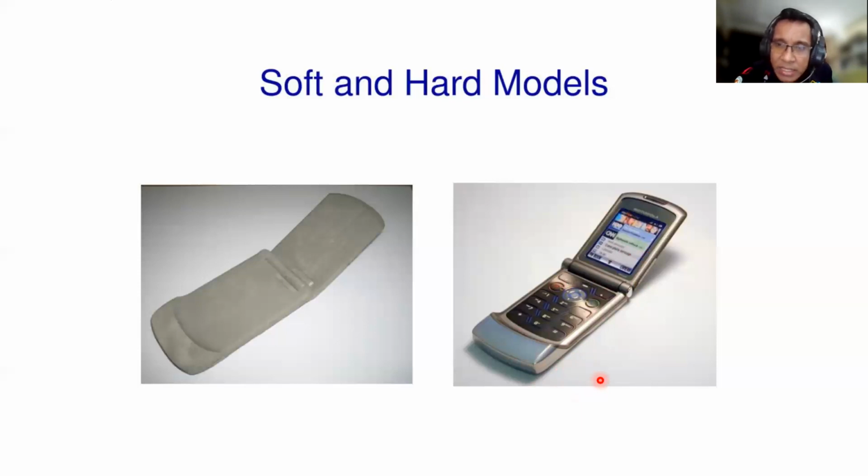Hard models are usually used by industrial designers or engineers to make further refinements in the final concept specification. This model can also be used to gain additional feedback from customers. Customers can try it, feel it, and then give more feedback.